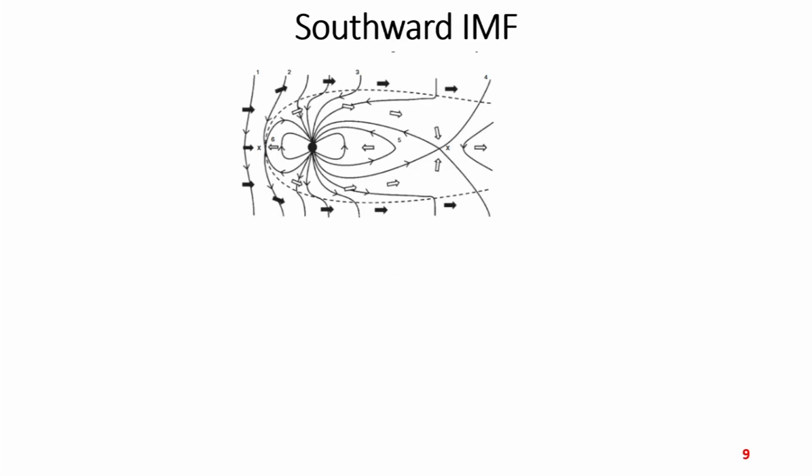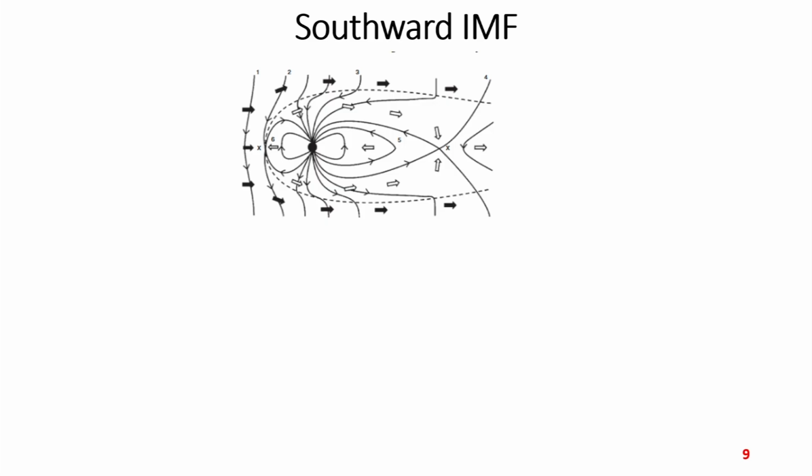Now, we will see what the southward IMF is. If you consider this is the Earth, this is the north, this is the south, the southward IMF is coming from north to south, whereas the Earth's magnetic field goes from the magnetic south pole to the magnetic north pole, geographically just the opposite.